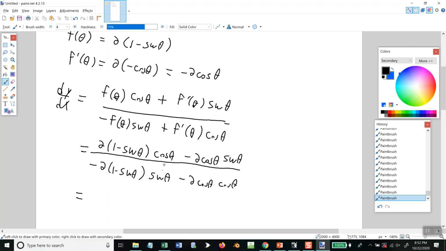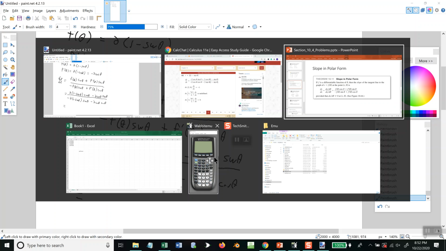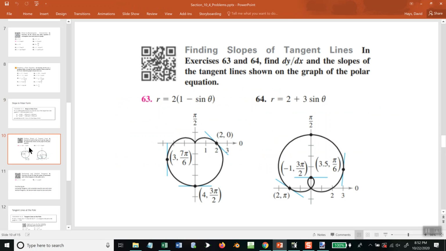Now, to evaluate this, dy/dx gives us our slope. We're given a point, and they're specifically telling us that it's in, what form is this in? Rectangular or polar?